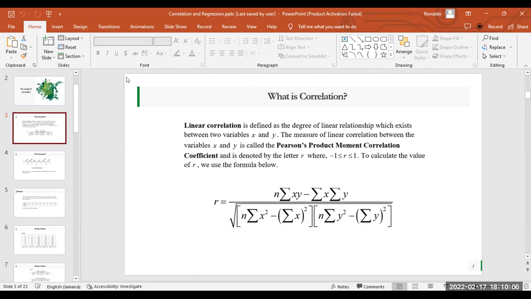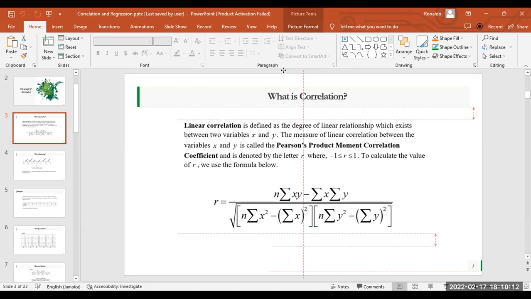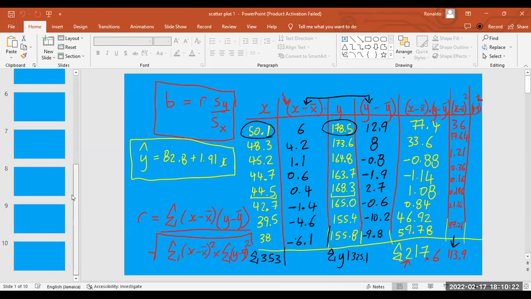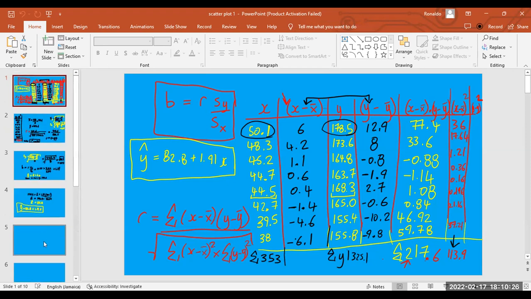Let me just write it out so you can see it a little better. This was the first formula for R. This is the one that we're going to look at now.